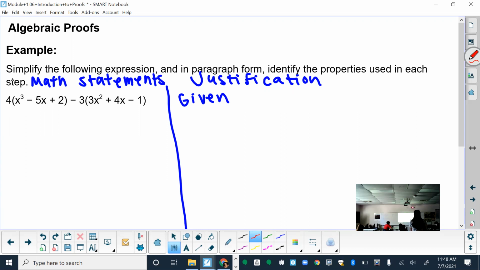What do I have to do with them? Distribute. Good. So I'm going to distribute the outside numbers from the parentheses to all of the inside numbers. I have two things I need to distribute, so I'll do them in the same step.